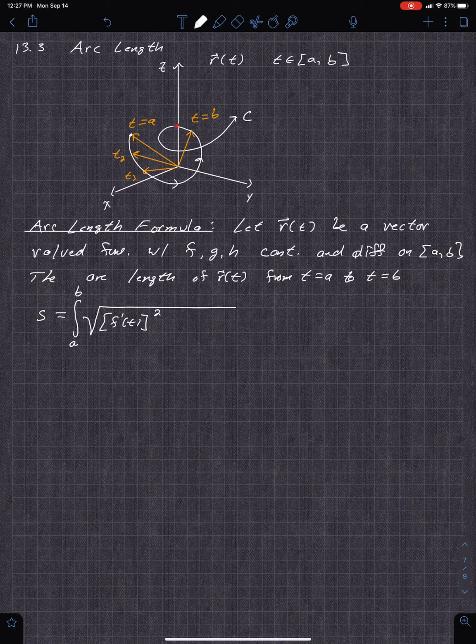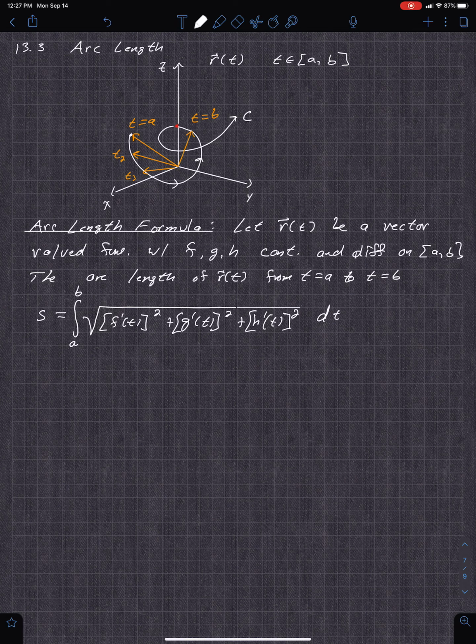I'll show you the derivation later, but let's just look at the formula and apply it. Plus g prime of t squared, and you continue, plus h prime of t squared, dt.